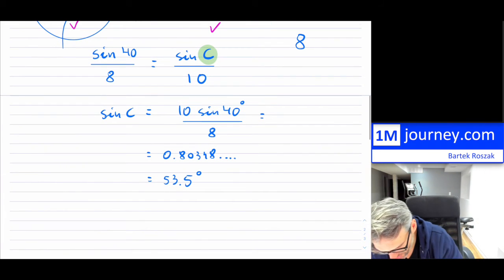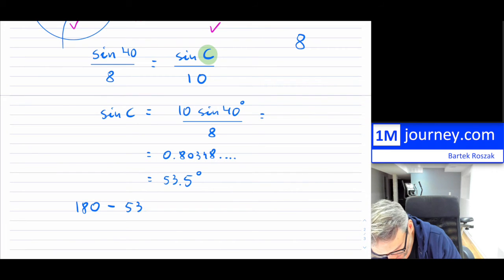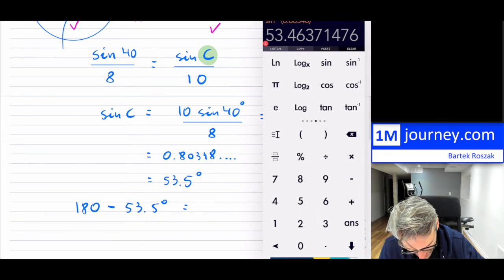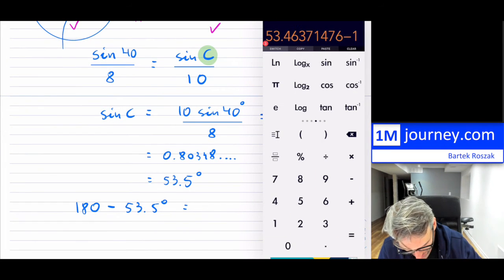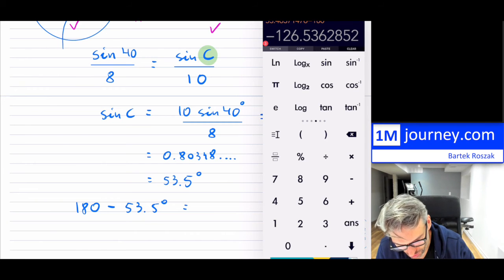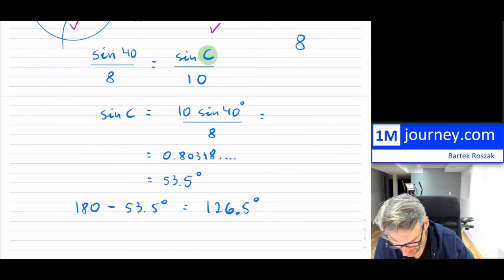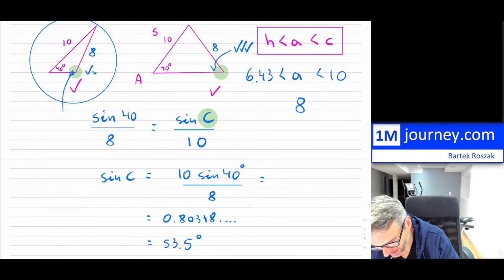Well, that is just using the supplement, so 180 minus 53.5, which is approximately 126.5. So that is this angle.